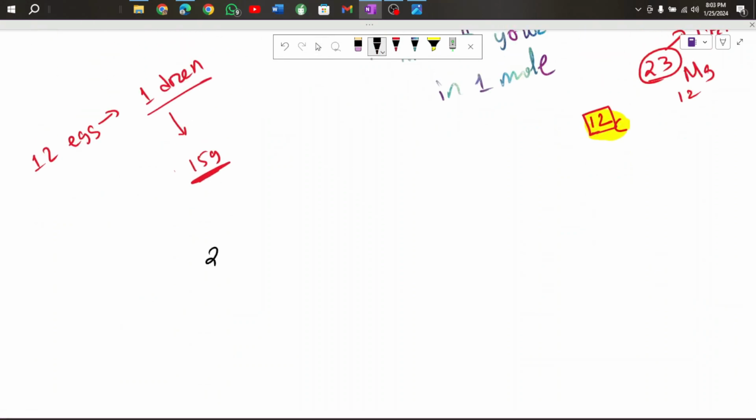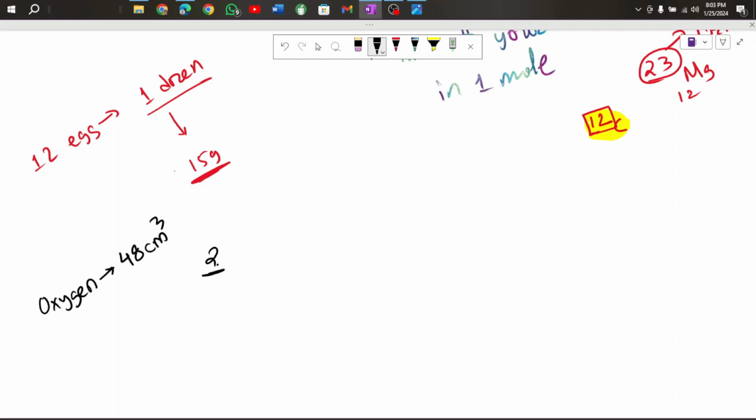Next, the second formula. This is for gaseous species. Let's say তোমার কাছে একটা গ্যাস আছে, অক্সিজেন। Let's say you have an oxygen gas. একটা বোতলে তুমি বন্দি করে রেখেছো কোনোভাবে, and ওই বোতলের ভলিউম let's say 48 cm cube.